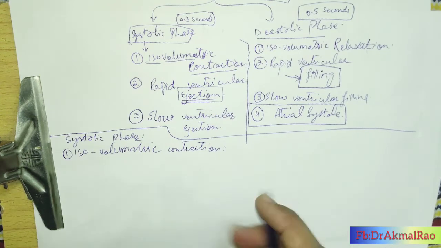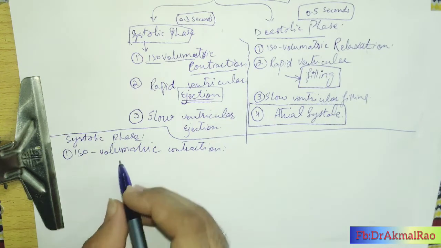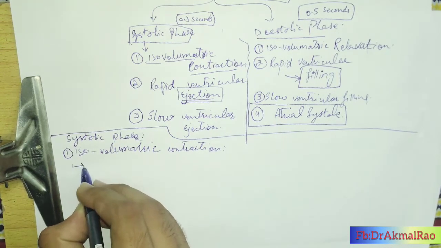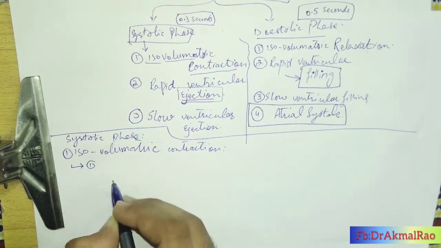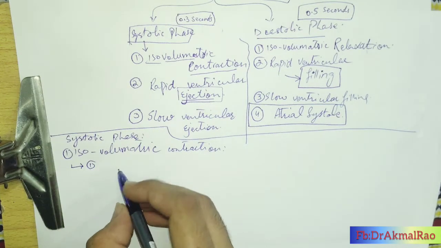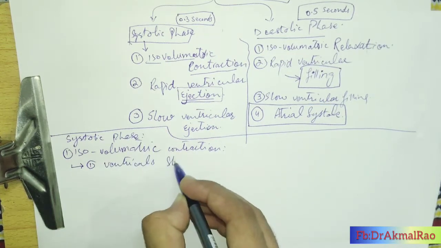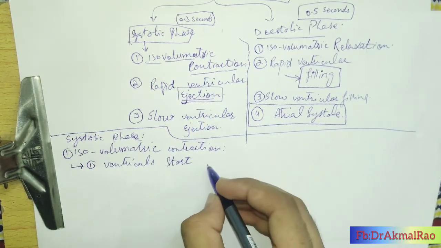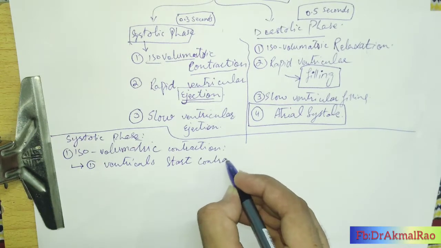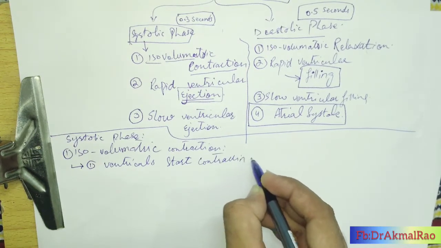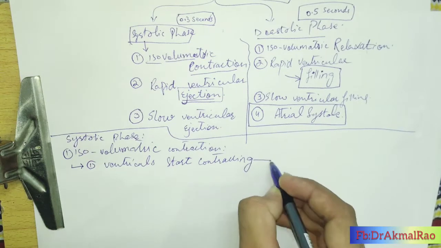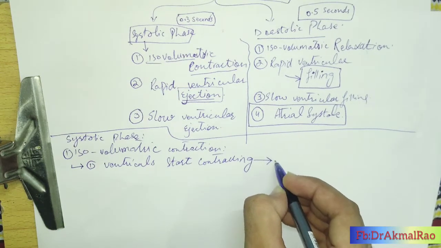In isovolumetric contraction, the first thing that happens is the ventricles start contracting just to push the blood out of the ventricles.